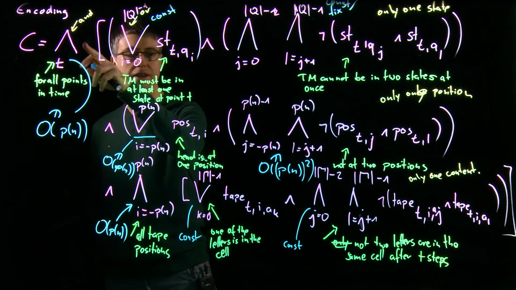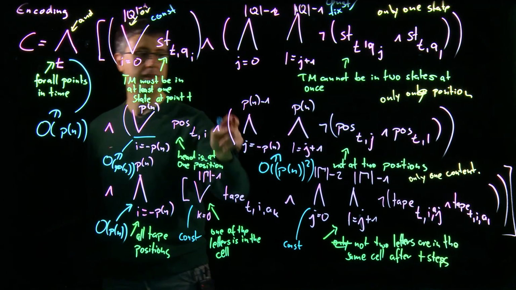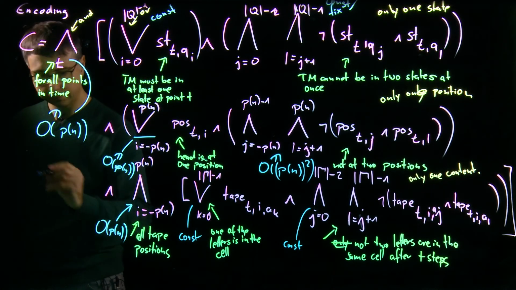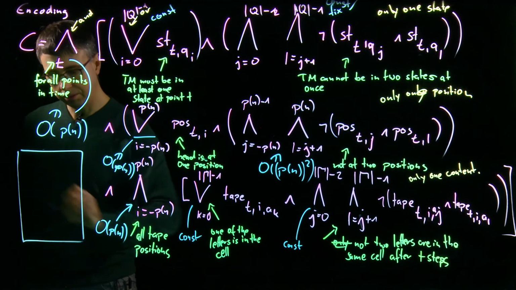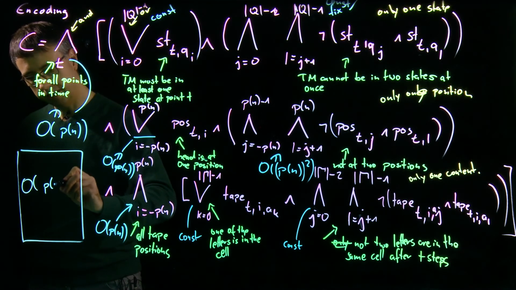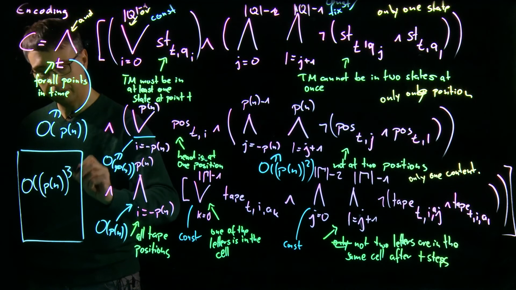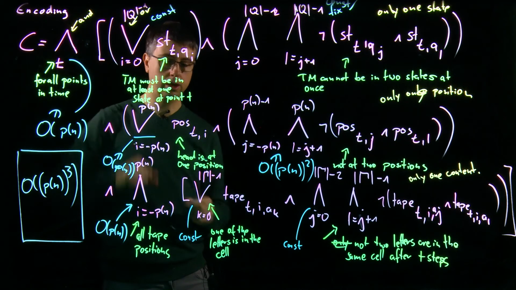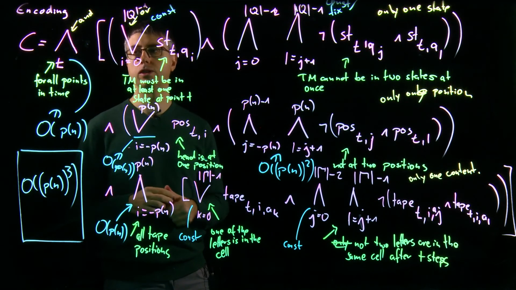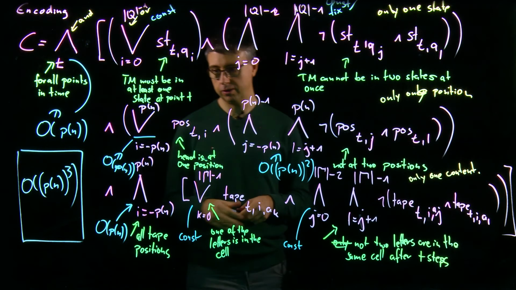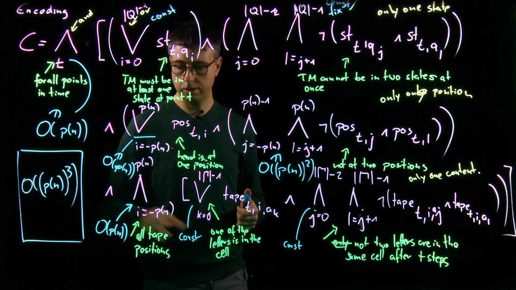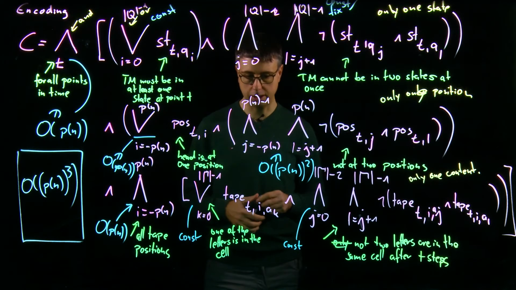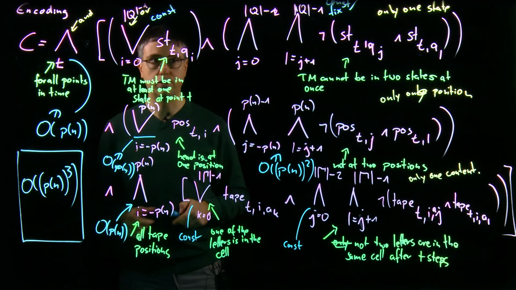So as we have 3 nested conjunctions here, the whole formula is in O of p of n to the power of 3. Each of these conjunctions is in the range of p of n. All the others are not that important because they have a lower exponent. Many of these are constant. So this is actually the first part of the encoding.